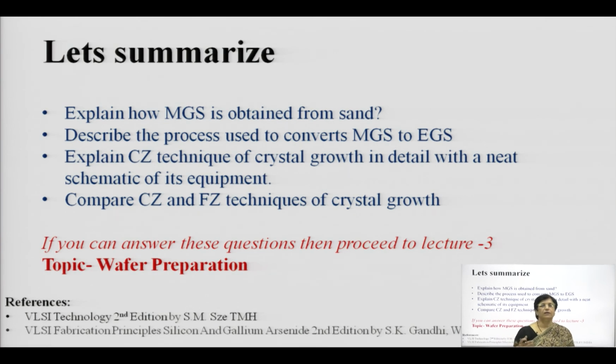Thirdly, and the most important part of this lecture, is the growth process through the CZ process, in which all 4 components, that is the furnace, the pull rate, the ambient temperature and the microprocessor based system controlling the entire process, have to be clearly remembered along with the schematic of the CZ furnace.